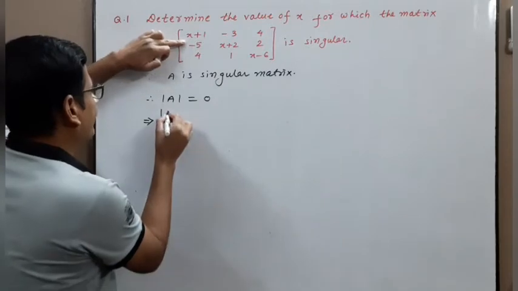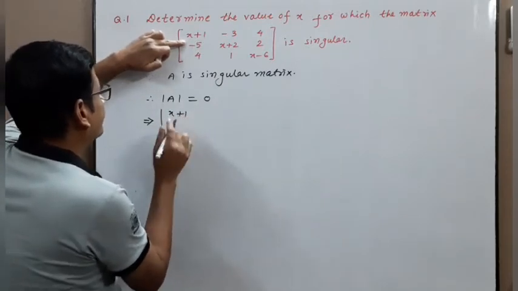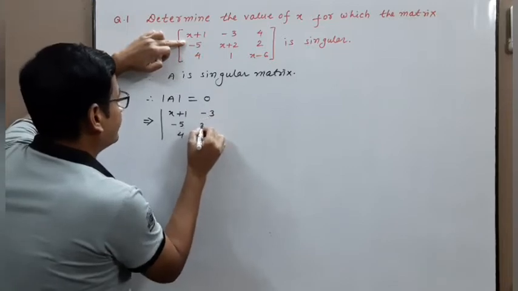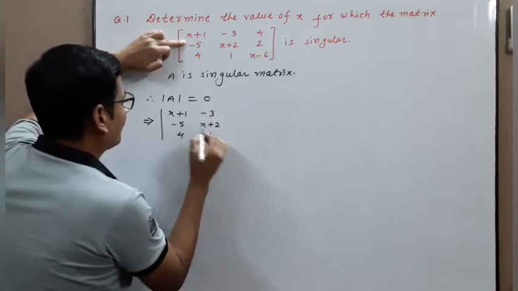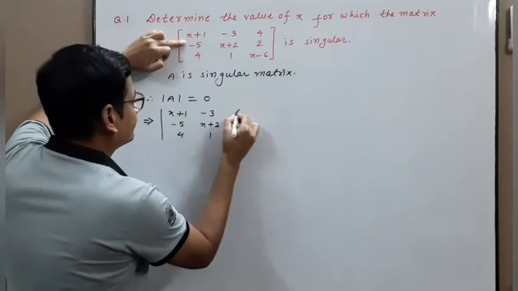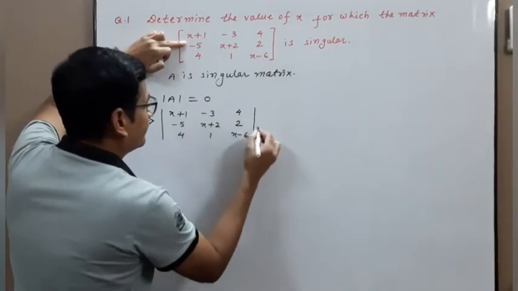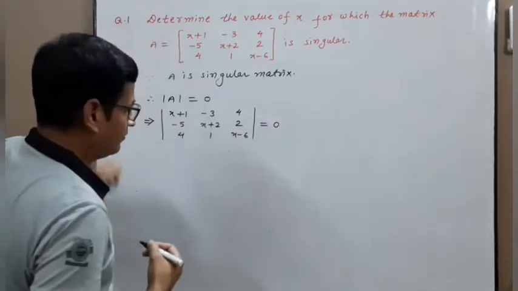Now simplify. The determinant of [x+1, -5, 4; -3, x+2, 1; 4, 2, x-6] equal to 0.